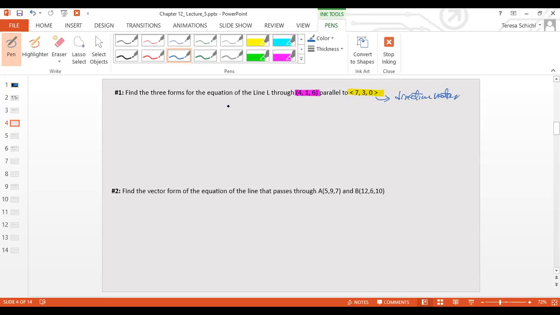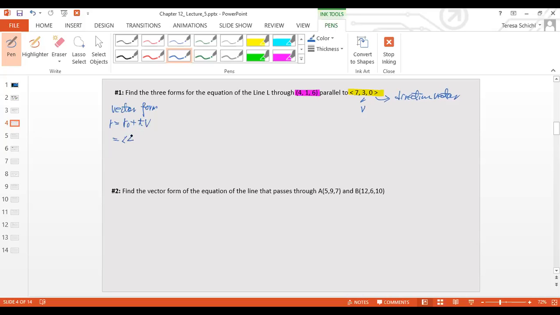Okay, so let's take a look at the vector form. The vector form is r equal to r0 plus tv. So the r0 is (4, 1, 6), plus t times v, where v is the direction vector.